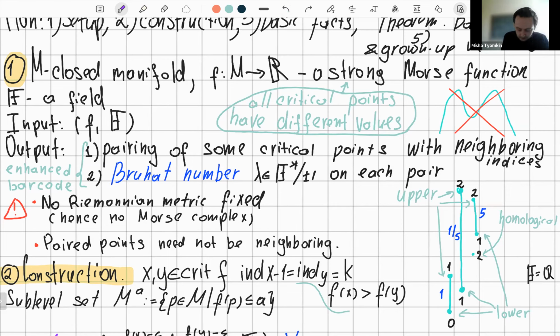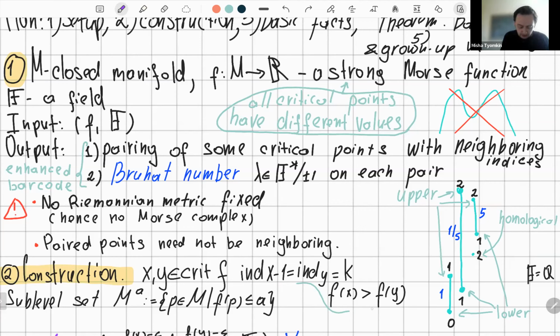Okay, so let me do this. For the notation, let me say that the index of x minus 1 equals the index of y equals k, so they are of neighboring indices. And also assume that f of x is greater than f of y. So x is higher than y.